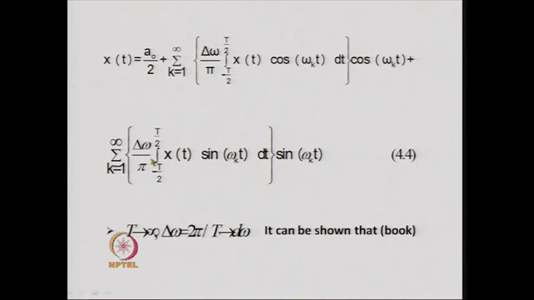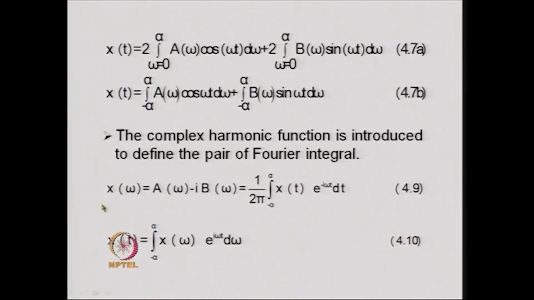Here also you will get delta omega by pi, and if we assume that T is tending to infinity, then delta omega converts to d omega, and the summation sign can be replaced by an integration sign. That is what is shown here.